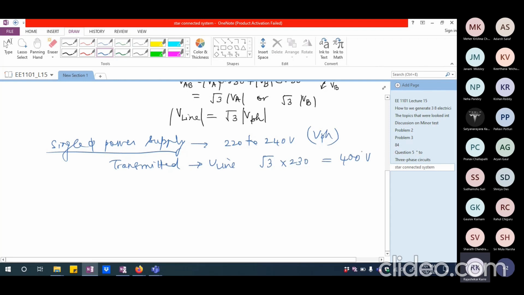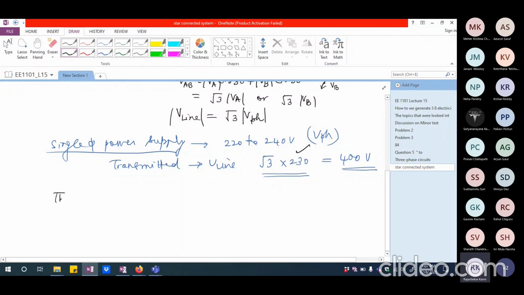That is the reason why you would see many three-phase motors rated for 400 volts, but the appliances we use at home are all rated only for 230 volts.